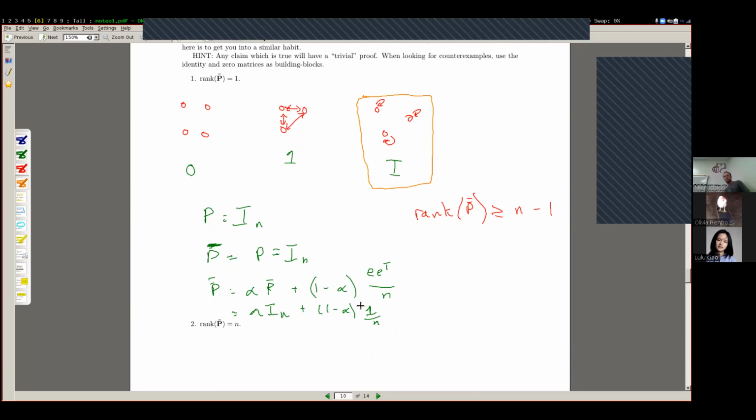Yes, the question is how I went from this last green step to this step up here. Let's see if I can write it out a little bit more formally.